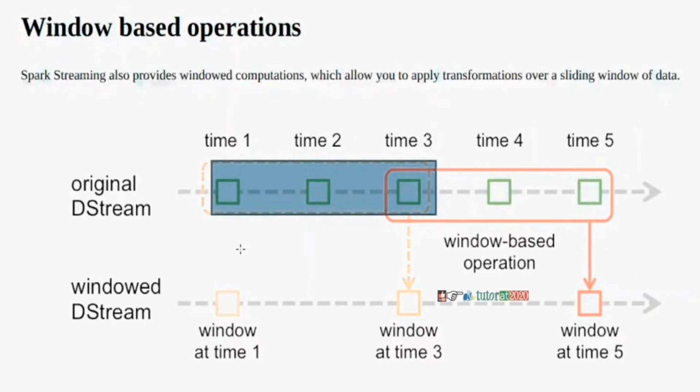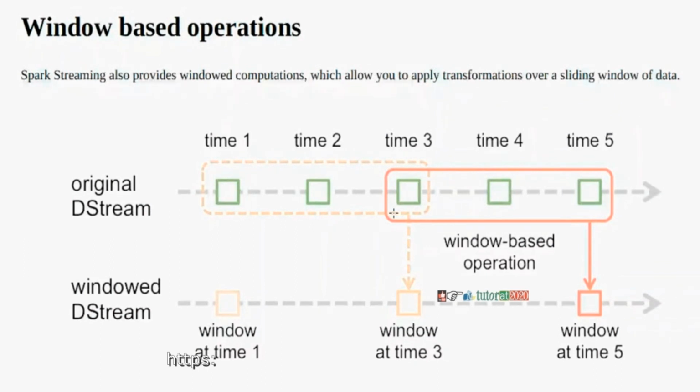Now the second part is the sliding interval. So first I'm going to do the reduce by count on the first 30 seconds of the data. Now, when I say the sliding interval is 10 seconds, the next aggregation, the next reduce by count, will be done after 10 seconds.